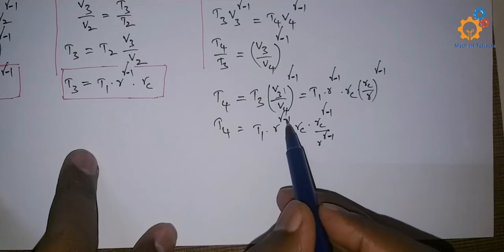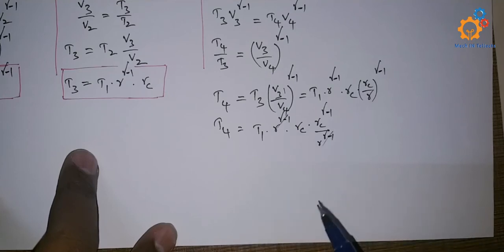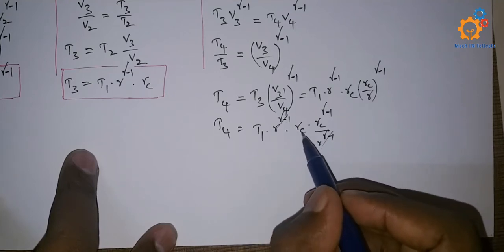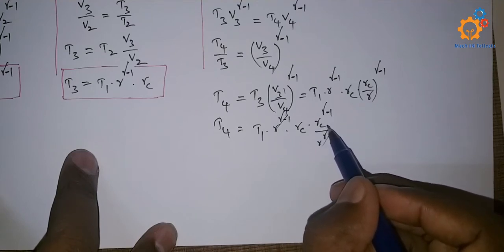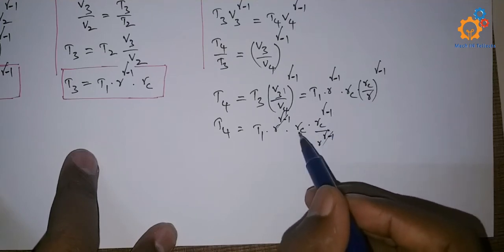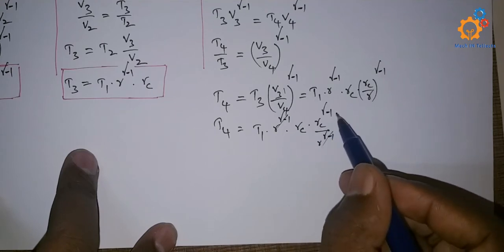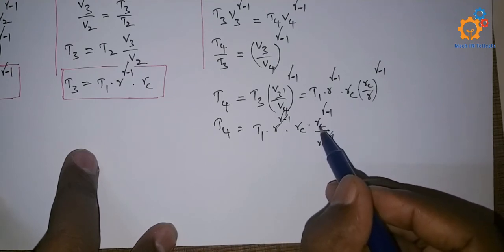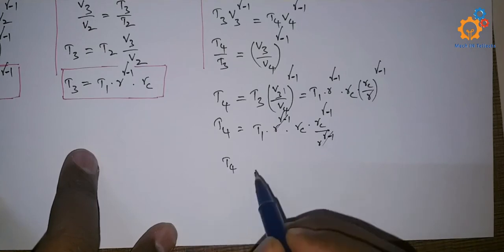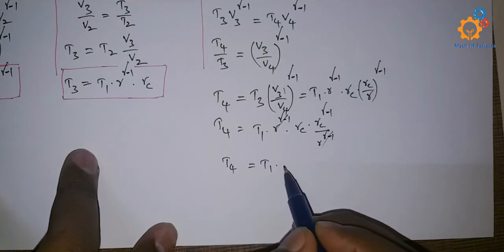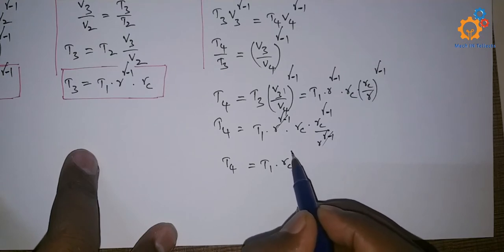So R power gamma minus 1 and R power gamma minus 1 cancel. RC into RC power gamma minus 1, so RC power 1 and RC power minus 1 cancel. So we are left with only RC power gamma. So T4 is equal to T1 into RC power gamma.